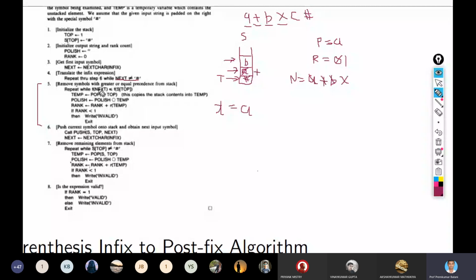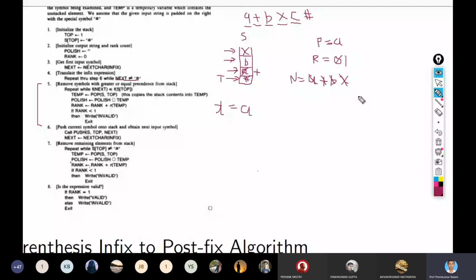F of next is 2, less than or equal to 3, no, so we go to step 6 and again push the next element to the stack. Multiplication will be pushed on the stack and my top of stack would be now 4, and next would be the next character from infix. So I will remove this and get the next character as c.